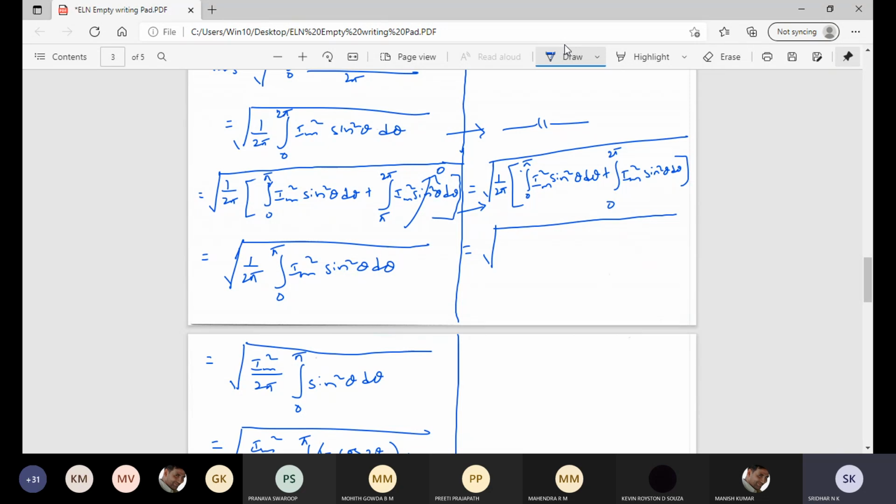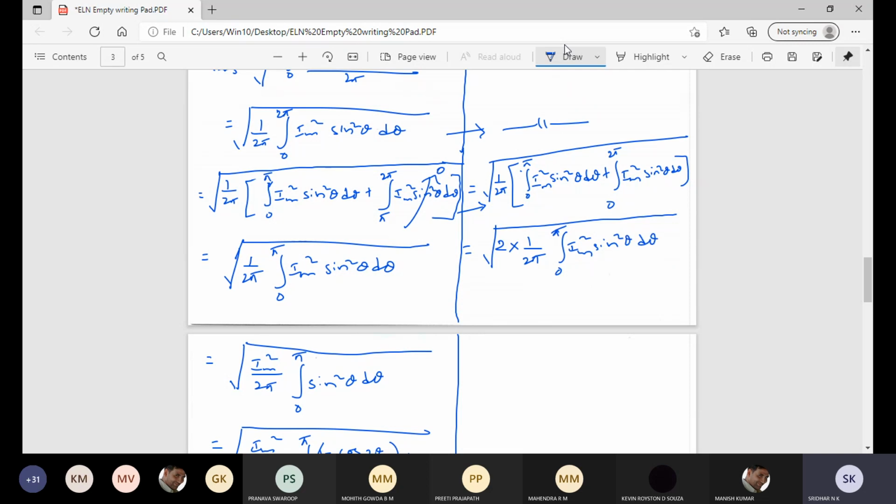I can write this as something like 2 times 1 over 2 pi integral 0 to pi Im square sin square theta d theta.